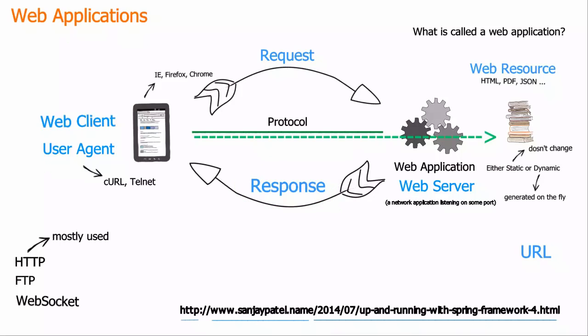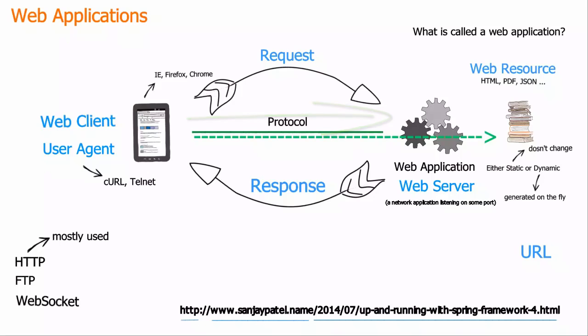And then after the response is given to the web client, the connection is closed and the web server does not remember anything about the past connections and who the clients were. That means next time if the client sends another request to the server, the web server will treat that request as a new request coming from a new web client.